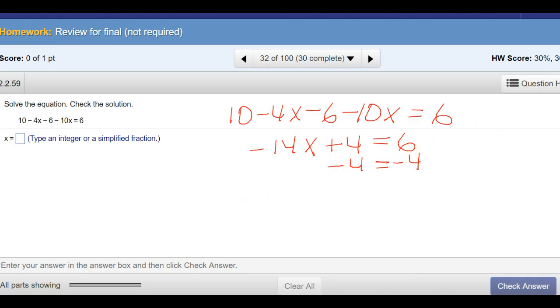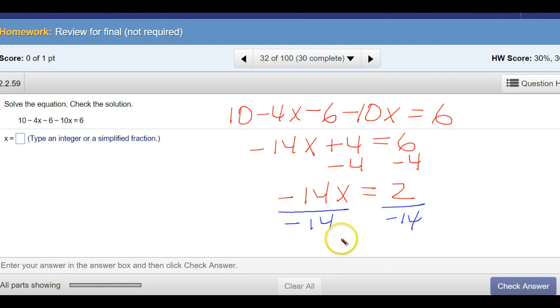Well, I don't need to put that equal sign there. So now this gives me a negative 14x equals 2. Now I'm going to divide both sides by a negative 14.